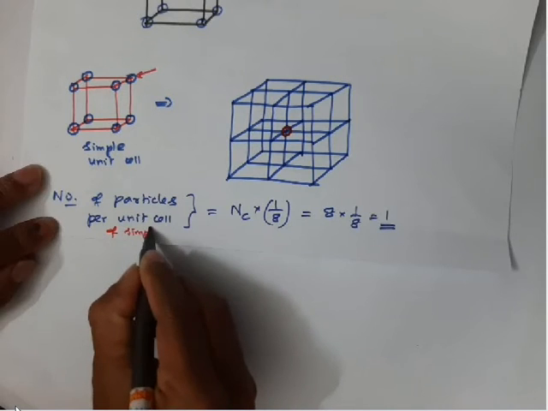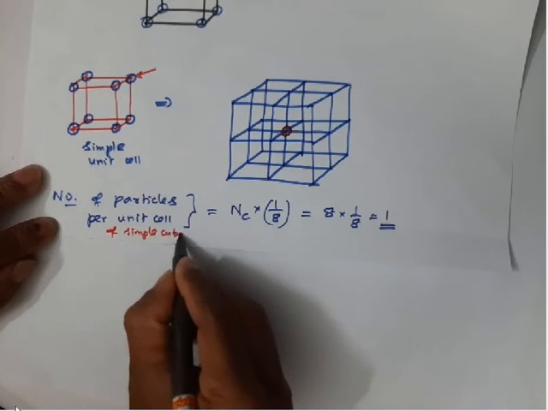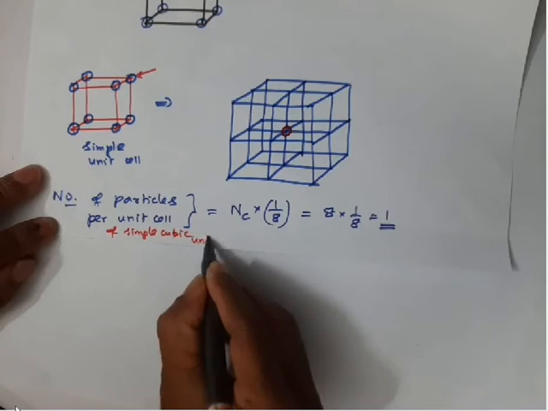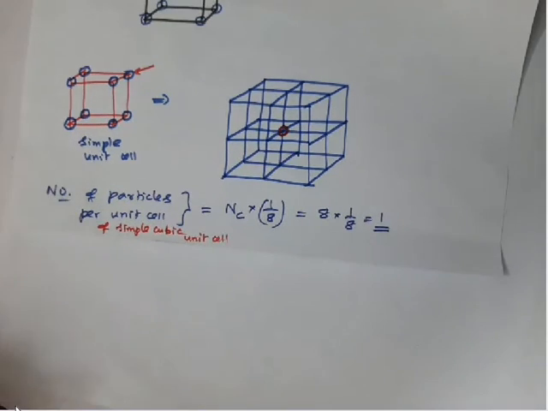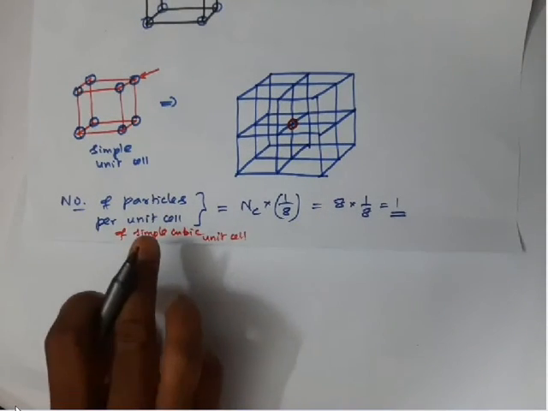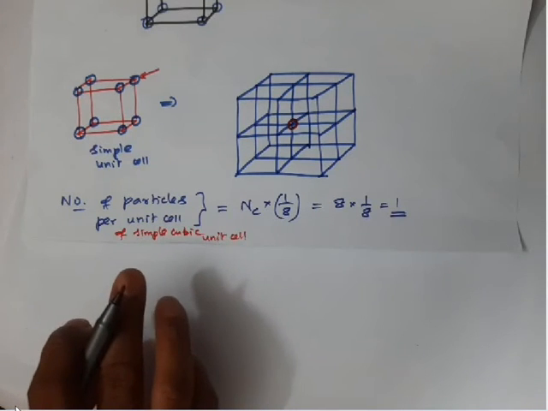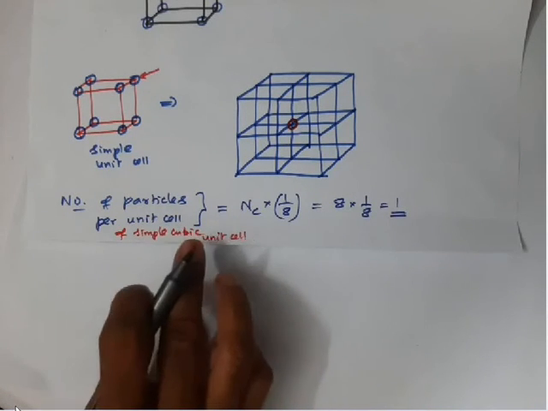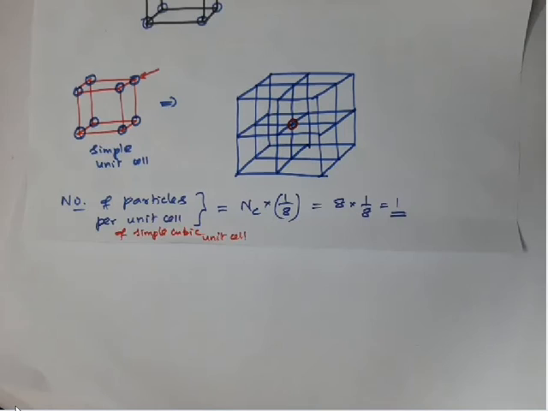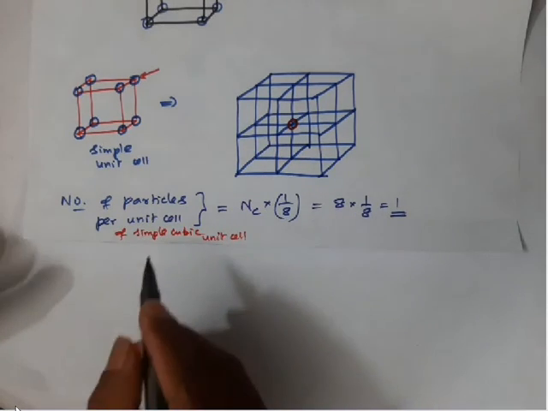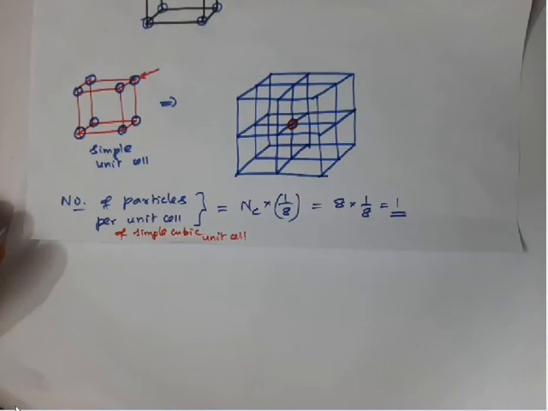Why am I using the word cubic? Because I have taken a cubic unit cell. The number of particles present in one simple cubic unit cell is this.